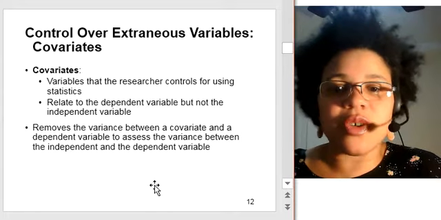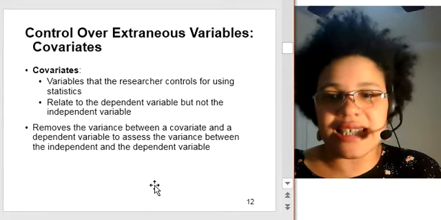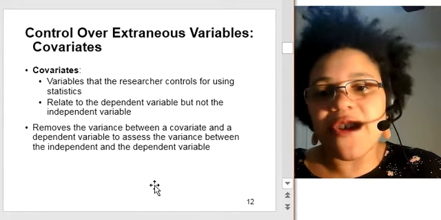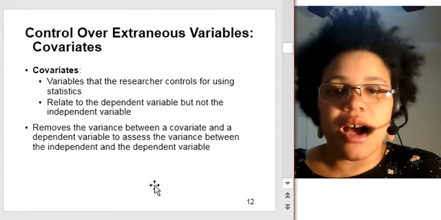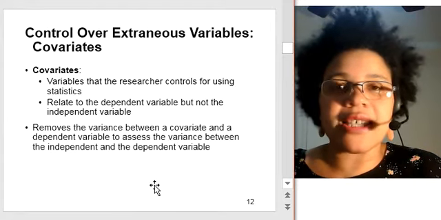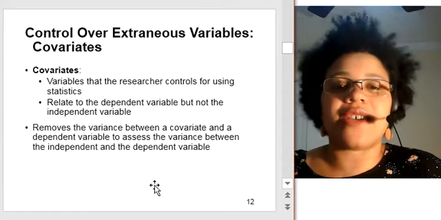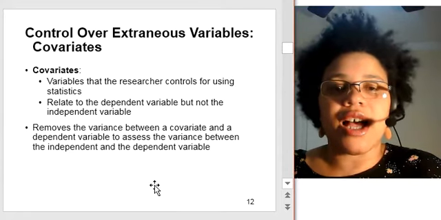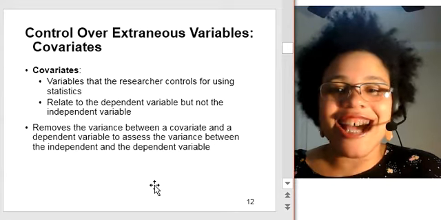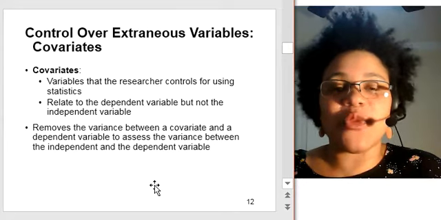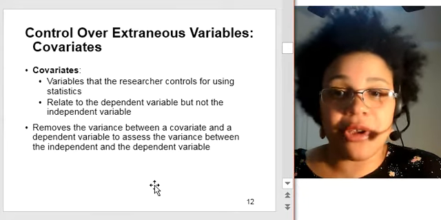Covariates are variables that the researcher controls for using statistics. It relates to the dependent variable but not the independent variable. Let's say I've got my high school biology kids in my first period class, and I've got my second period class.